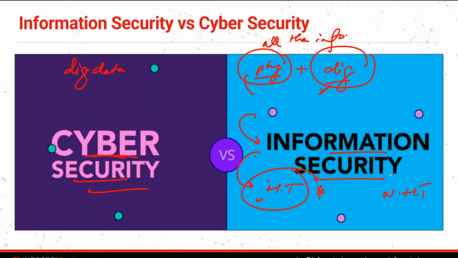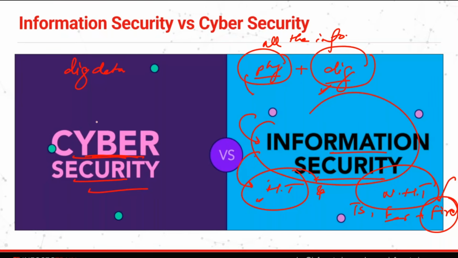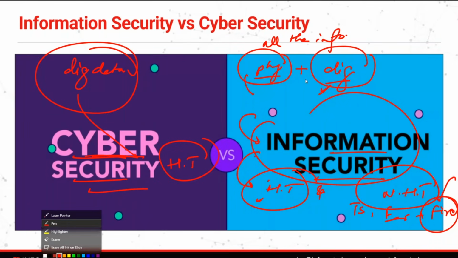Non-human threats are your tsunami, your earthquake, or maybe a fire that has broken out in your data center. Protecting against that fire will be a part of the information security policy, guys. But when I say cyber security, we are protecting digital information from human threats only. Information security is dealing with both physical data and digital data. We are protecting both.